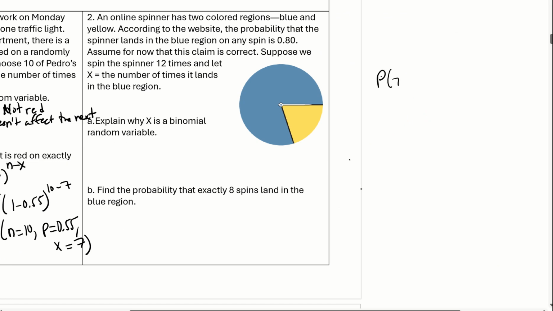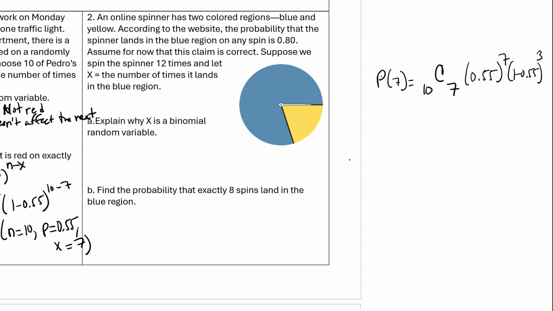The formula that we've got here for P of 7, we said it was 10 choose 7. Now 10 choose 7 is the same thing as the combination of 10 objects taken 7 at a time. And then we've got 0.55 to the 7th power, and then 1 minus that to the 10 minus 7th power, or 3. And so you can calculate this and then calculate that.